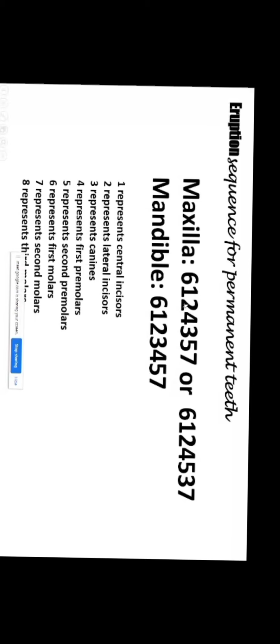The difference is in 3 and 5: 5 then 3. So that means it's possible that the canine will erupt first before the second premolar, or it's possible that the second premolar will erupt first, then the canine. Did you get the difference? 6, 1, 2, 4, 3, 5. Or 6, 1, 2, 4, and it can be 5, 3. Okay?